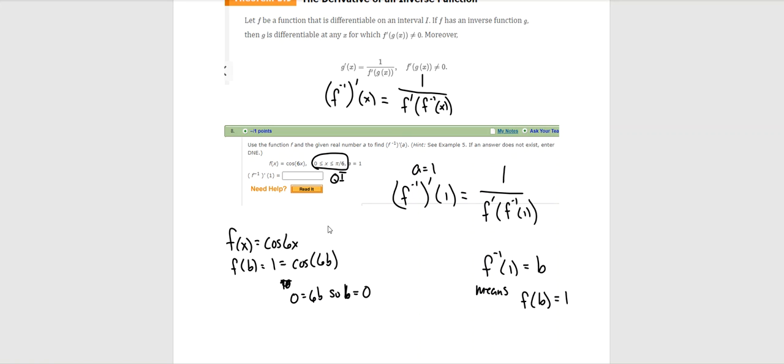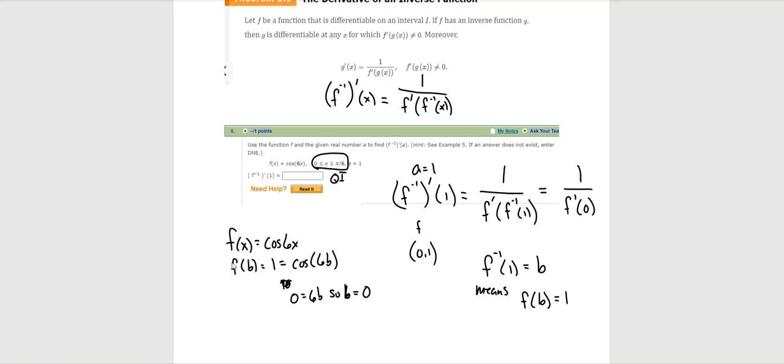So really what I'm looking at is a point for f that is (0, 1). Right? Put in 0, we get 1 out. But in our formula, what we're looking for is now 1 over the derivative at 0, the derivative of the original function.